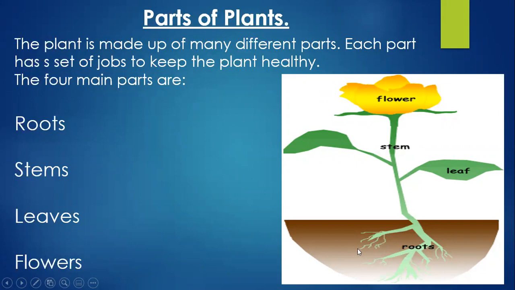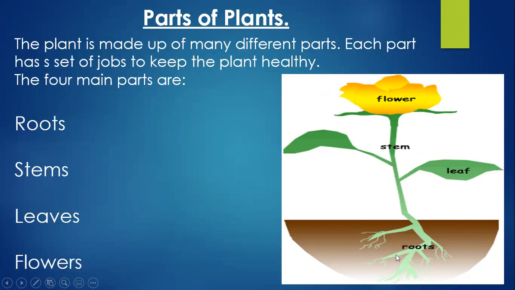They suck the water and the nutrients from the ground for the leaves and for the flowers and for the health of the plant. So roots anchor the plants in the ground.